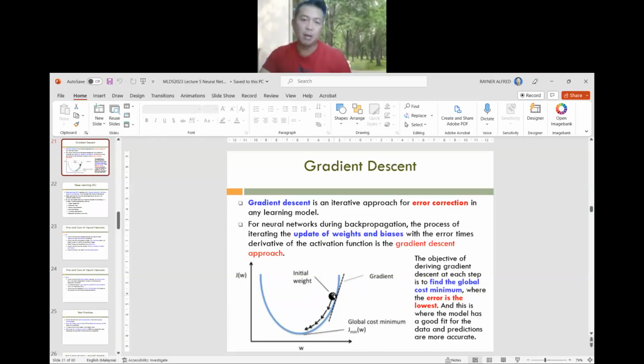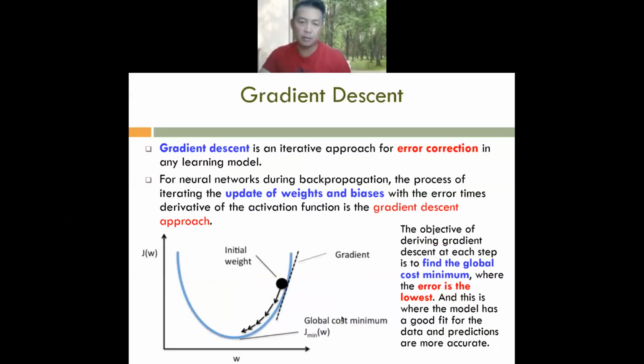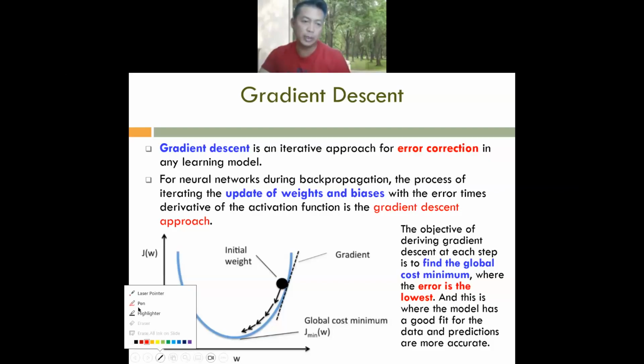Too much changes of your weightage will make you skip the lowest one. For example, like this, this is the initial weightage, but every time we make a mistake, we want to reduce it. So the changes could be big or small. But if you change too big, you may miss the lowest cost.